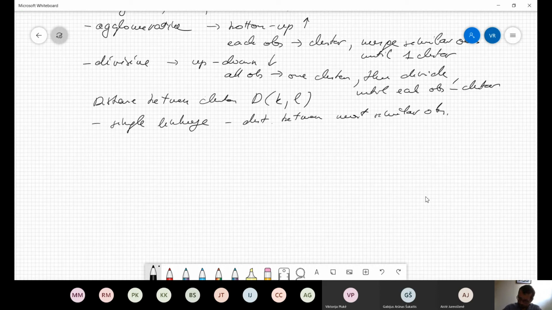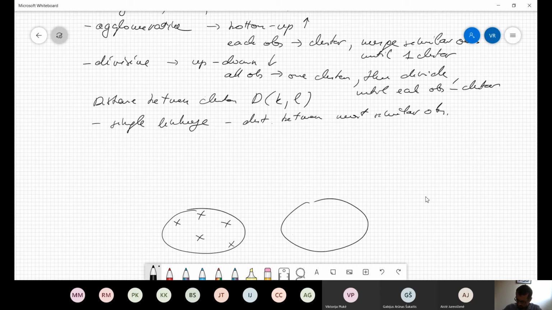So basically we have two clusters. Let's draw some here. We have two clusters, this has observations like this, and this one has observations like that. Okay, so two clusters.